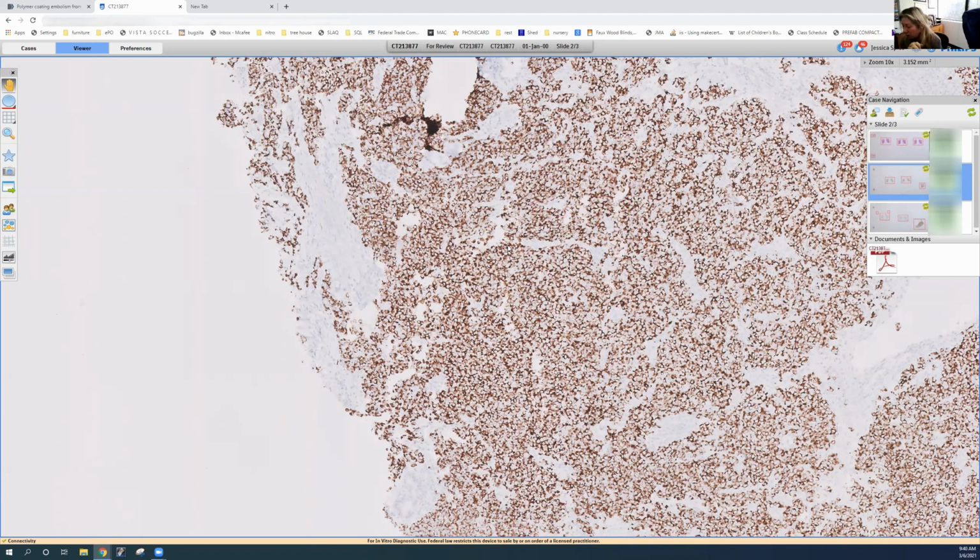Merkel cell carcinoma is associated with Merkel cell polyomavirus, which is one of 14 known human polyomaviruses, most of which do not cause illness in immunocompetent hosts. Merkel cell polyomavirus is the only polyomavirus associated with cancer that we know of. The virus DNA is found integrated into tumor cell DNA, supporting the role of the virus in tumorigenesis in this disease, similar to what happens with human papillomavirus and cervical cancer.